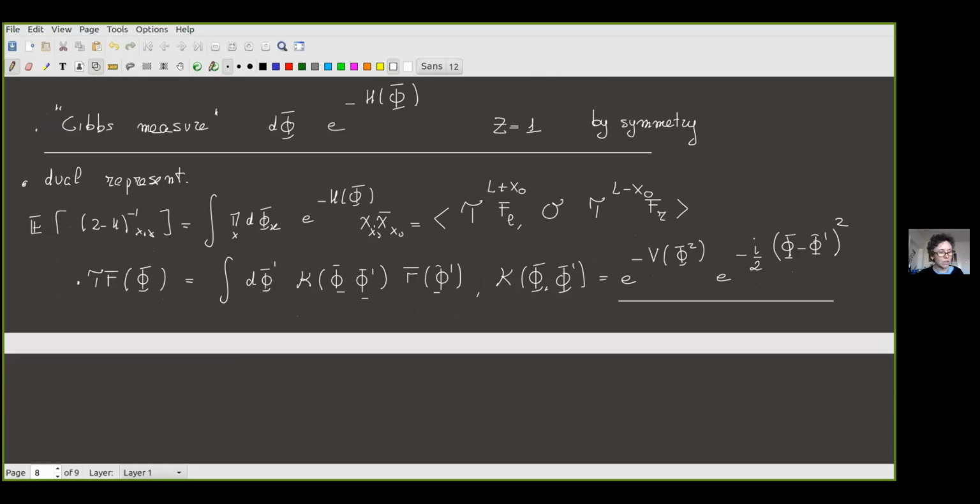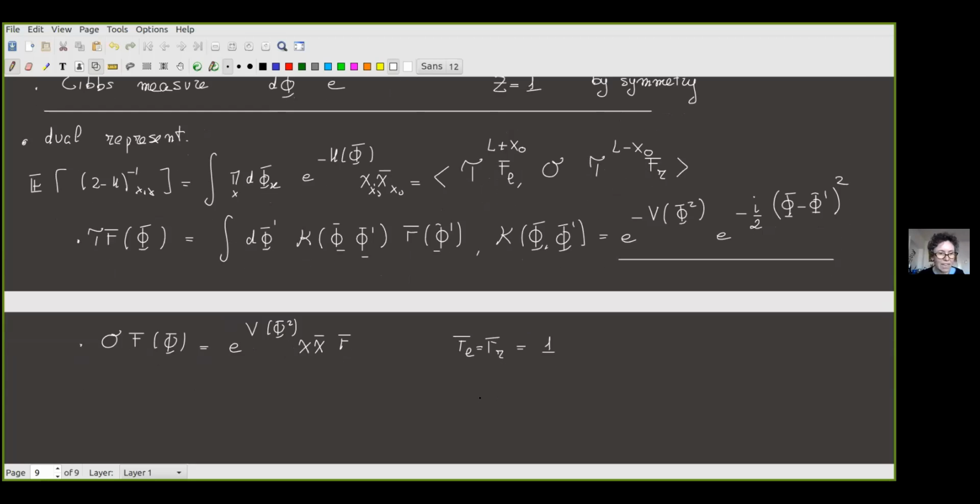And then the rest is almost the same as before. The observable is, well, almost. Since I did not symmetrize, I pay a price. Here I have to multiply by V. And otherwise it's K bar, the function, and my functions F left and F right are just 1. They are constant. And finally, what is the scalar product?